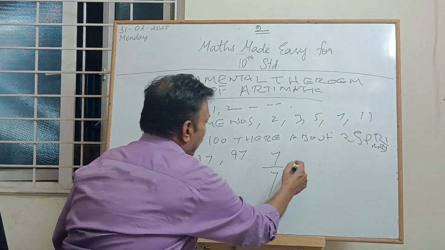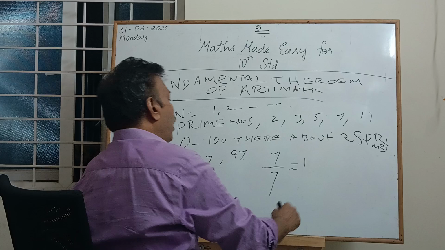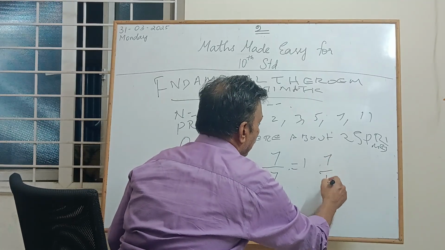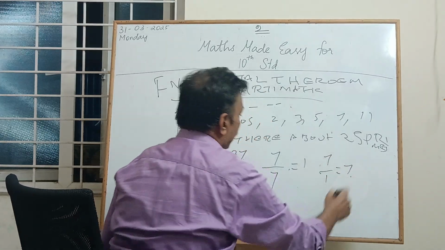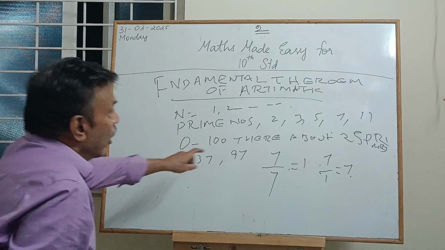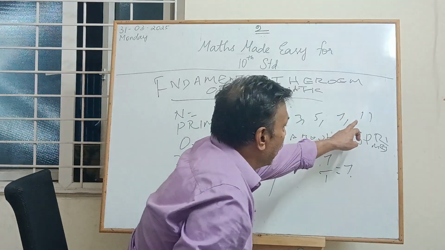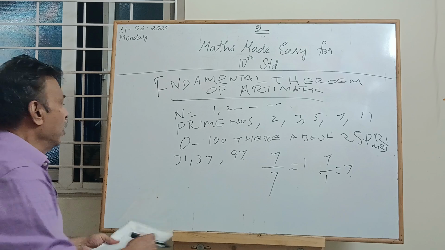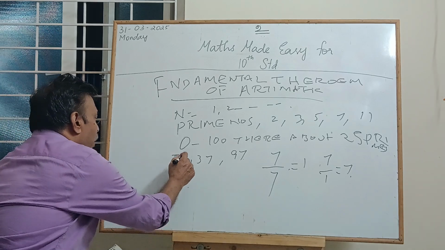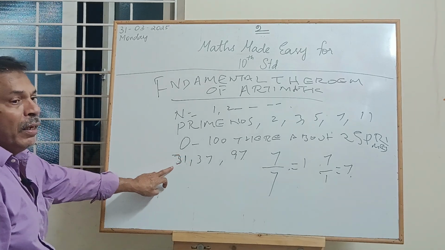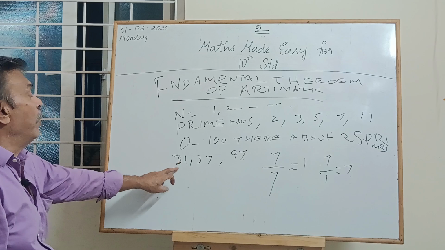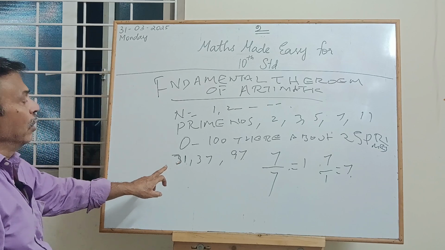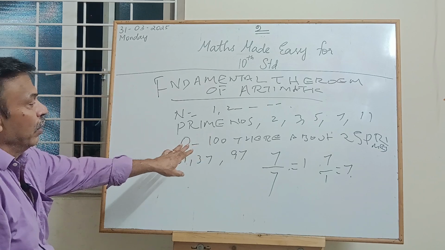So 7 by 7 is 1, or 7 by 1 is 7. Like that, you cannot divide 11 by any other number. You cannot divide 31 by any other number, but it can be divided by 31 itself. So this is called a prime number.